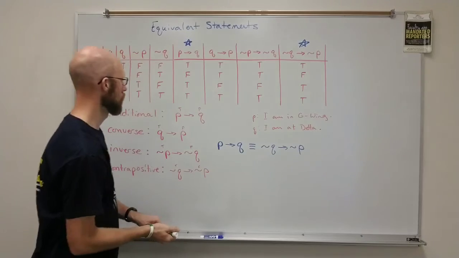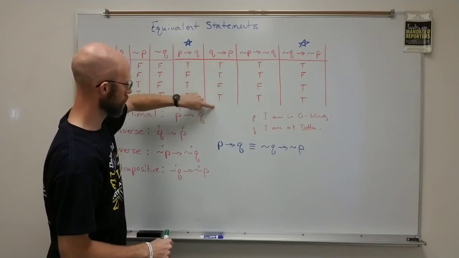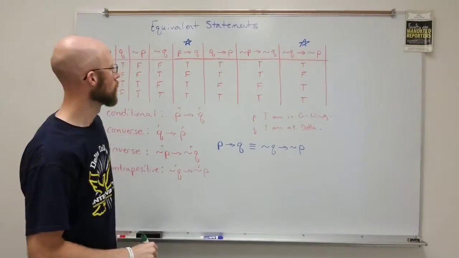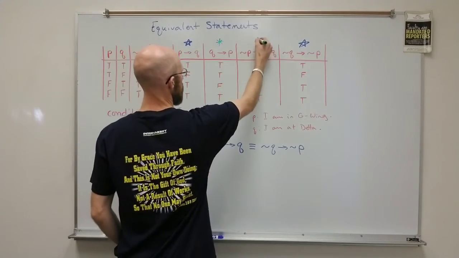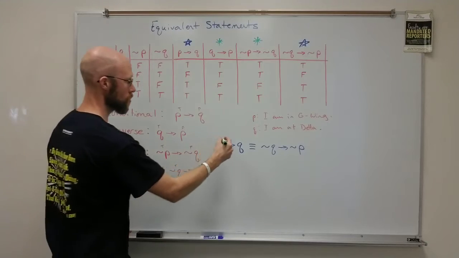The converse and the inverse are also equivalent. If you'll notice, true, true, false, true, true, true, false, true, going down. So here I'll put maybe an asterisk and an asterisk on those. So those two are equivalent.